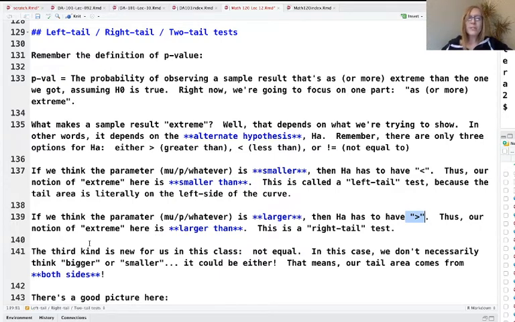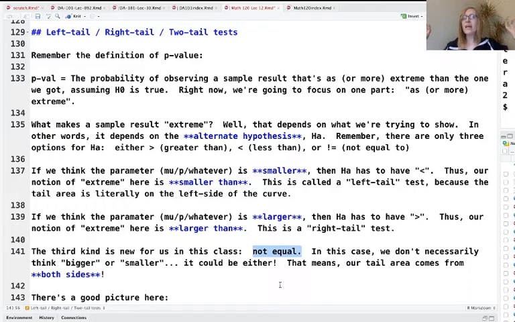There's one other option that's new for us in this class that we haven't done yet. Instead of less than or greater than, we could just have not equals to. So in that case, we don't specifically think less than or greater than. We don't specifically think smaller or bigger. Instead, that means our tail area could be on either side.